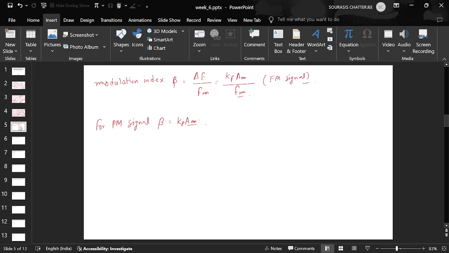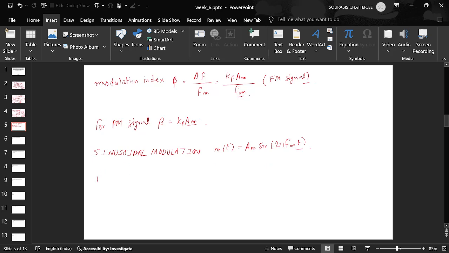I would take this opportunity to delve deeper into frequency and phase modulation when the message signal is also a sinusoid itself. So if we talk about sinusoidal modulation, that is your m(t) has this expression Am sine 2 pi fm t.